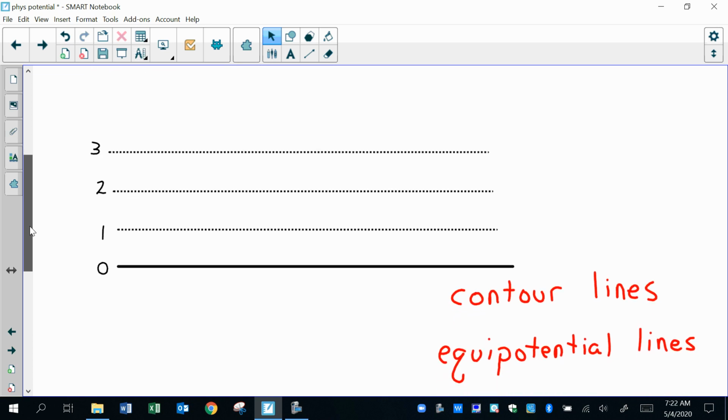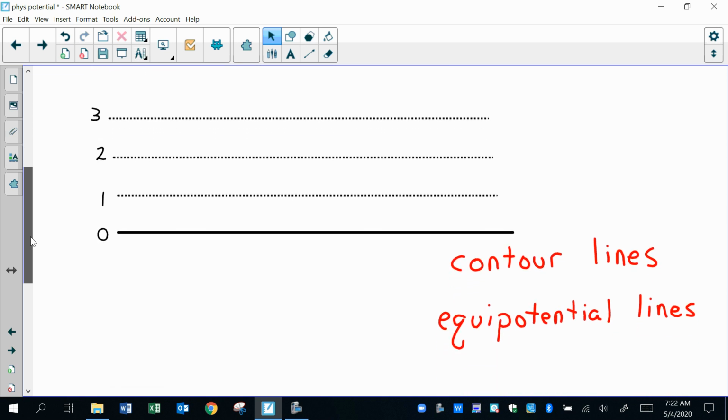In map class, in my wilderness survival class, we would call these contour lines, showing us the contour of the ground that we stand on, the height. But in physics we call them equipotential lines, and hopefully that makes sense. Equal potential lines. So these are lines showing us where our potential is the same everywhere.